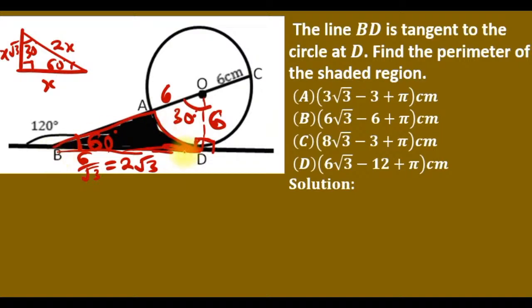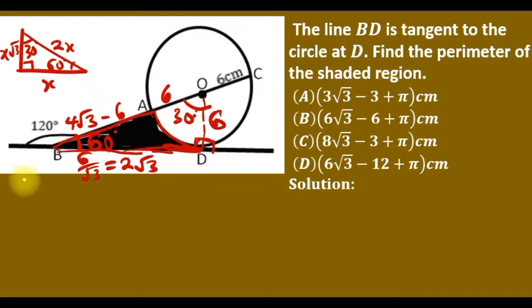While the one opposite 90 is double of this, so BO is 4 root 3, but we have 6 here, so BA is now 4 root 3 minus 6.